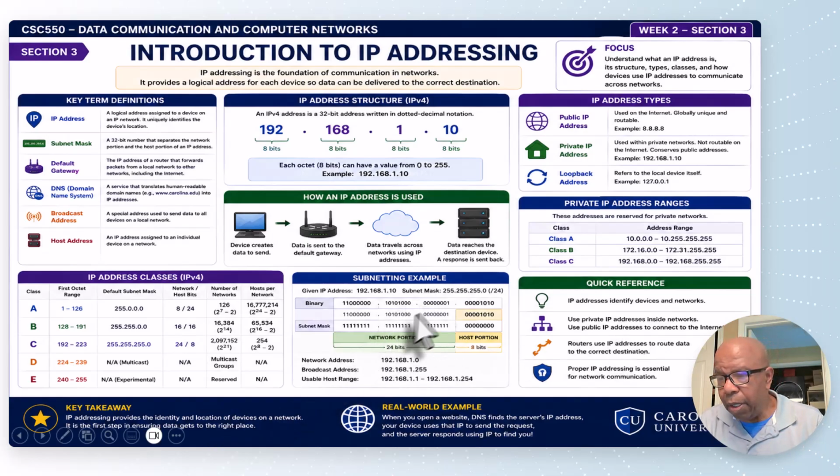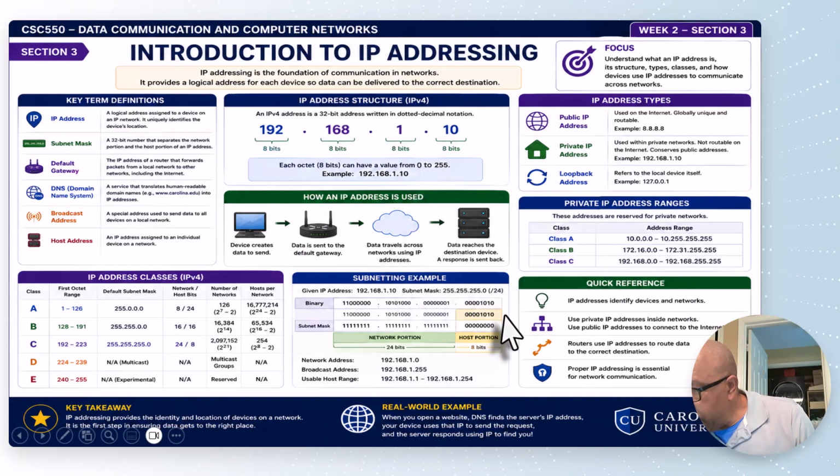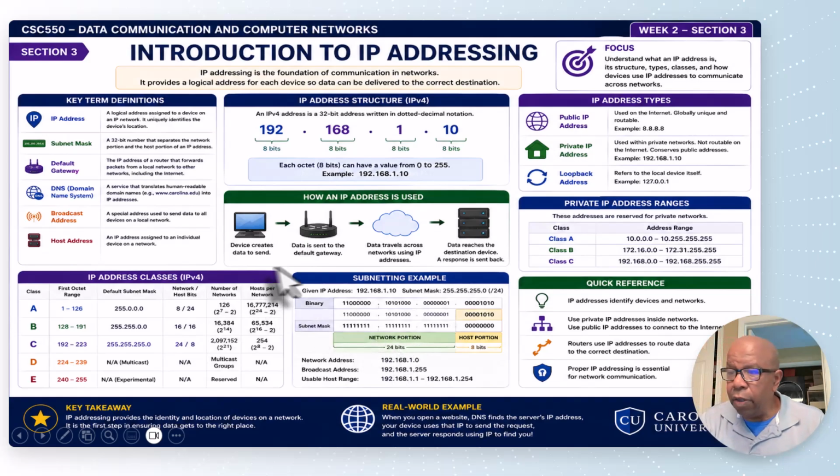So let's talk about classes. Again, overview: know that there's a structure to the IP address. Part of the IP address references the host, and part is focused on the particular device itself.